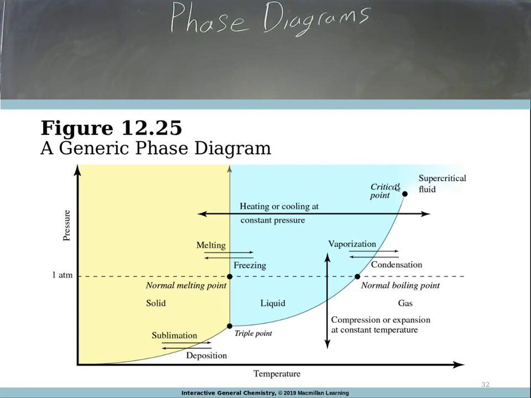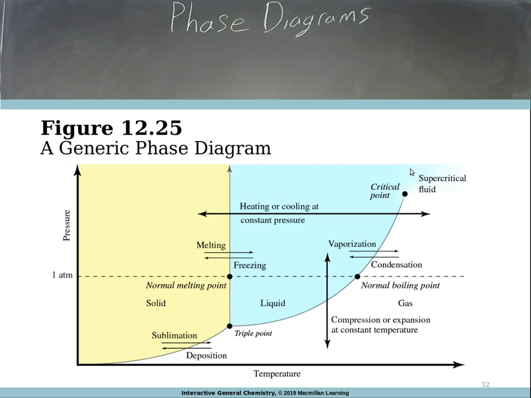Remember on the heating curves from section 12.3, you would add heat at a constant rate, and then once you reached a melting point or boiling point, you would see the temperature remain constant as the substance underwent a phase change. So that's how we can measure and observe a phase change.